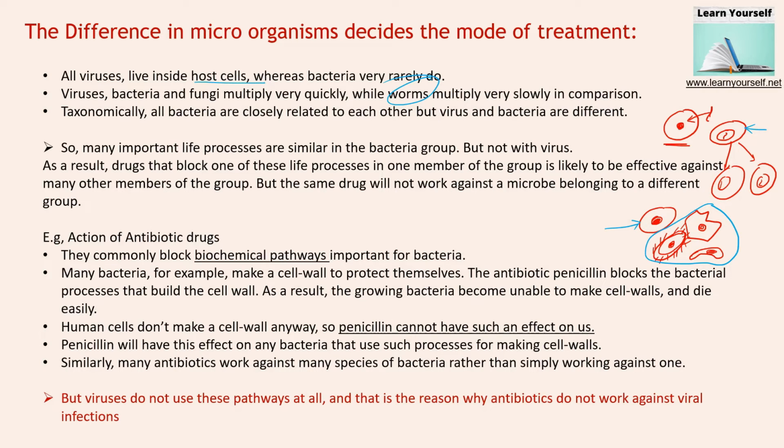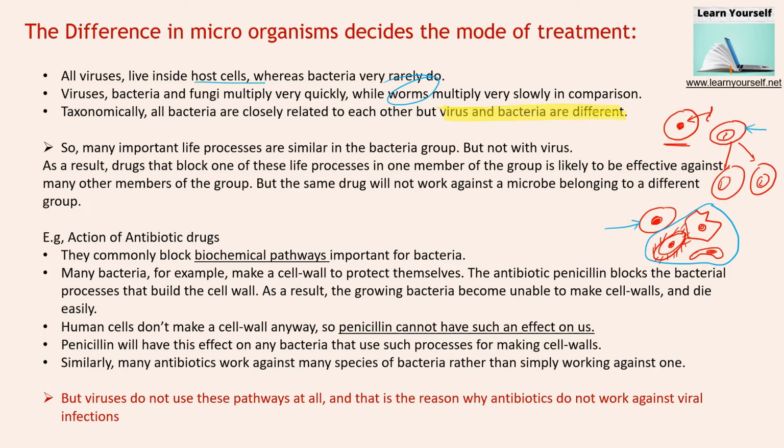Taxonomically, all bacteria are closely related to each other. So as we have seen, viruses and bacteria are different. Many important life processes are similar in the bacteria group, but not within viruses. As a result, a drug that blocks one of these life processes in one member of the group is likely to be effective against many other members of the group because these bacteria are following certain life processes.